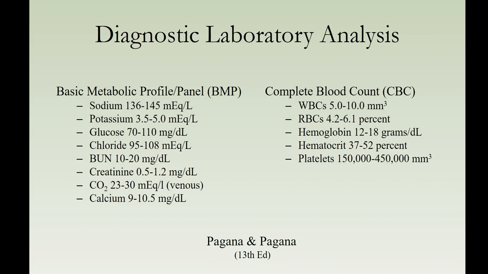All right, carbon dioxide, and this is venous because we have a different value when we're talking about arterial blood gases, 23 to 30 milliequivalents. Calcium, I just say 9 to 10 in my mind, but Pagana has 9 to 10.5 because 9 to 10 is easy for me to remember. So calcium, primarily found in our skeletal system. Does that make sense?